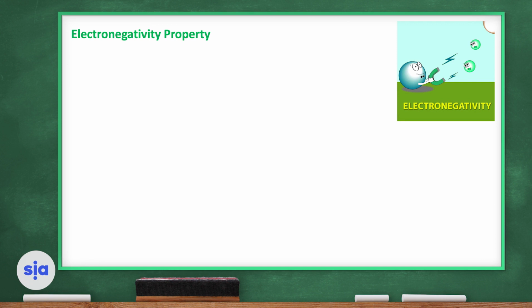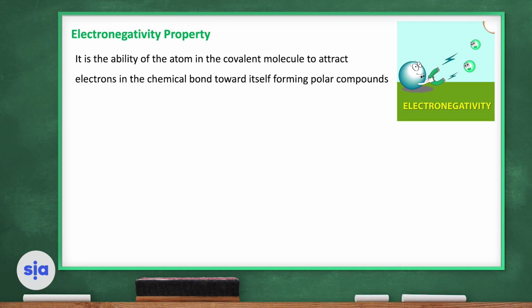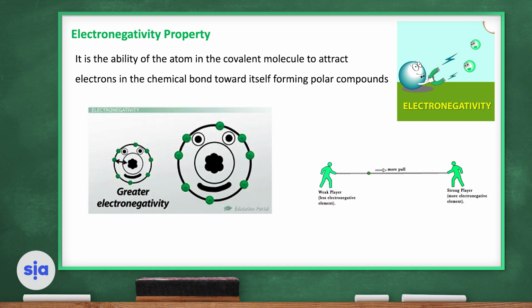Electronegativity property. What is electronegativity? It is the ability of the atom in the covalent molecule to attract electrons in the chemical bond toward itself, forming polar compounds. So, as if there is a force of attraction between the nucleus and the electron.